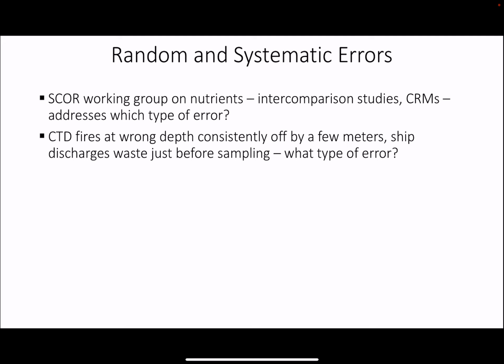So these would be examples of, the first one would be probably almost a gross error, depending on what you were calculating, but again, a systematic error. Whereas the second would be a random error. If the CTD randomly fired at wrong depths, like sometimes it was a bit low and sometimes a bit high, then that would be a random error, right? And there wouldn't be much you could do about that.